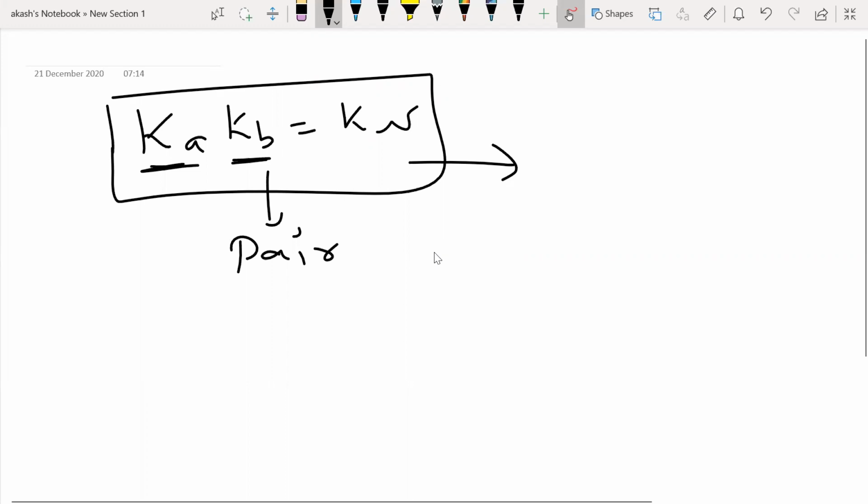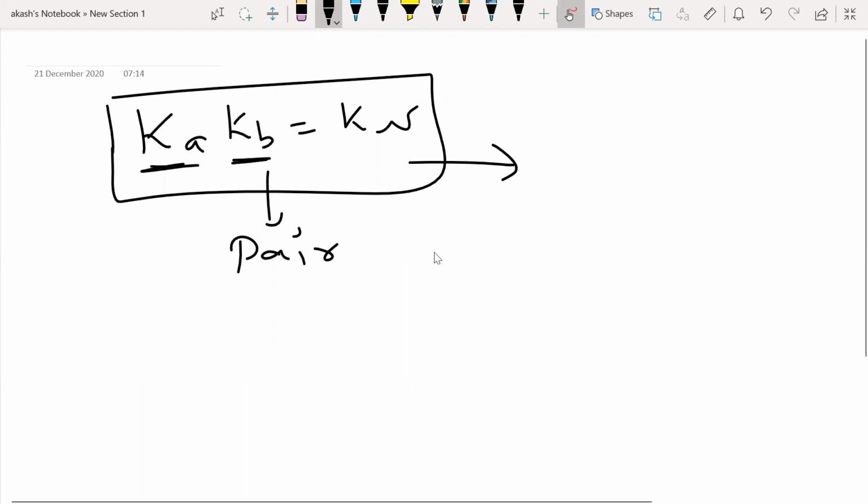Now the question is, find the ionization constant of its conjugate base A minus. Okay, so there's an acid HA which has an ionization constant of Ka, and the conjugate base of it is A minus. Obviously, they're asking you what is the ionization constant of that.